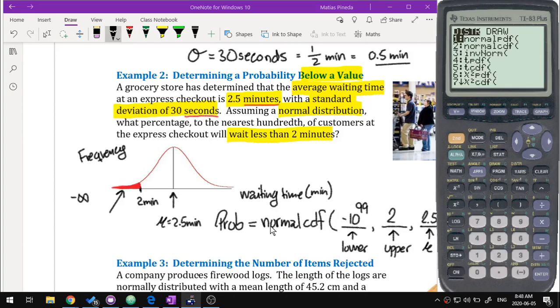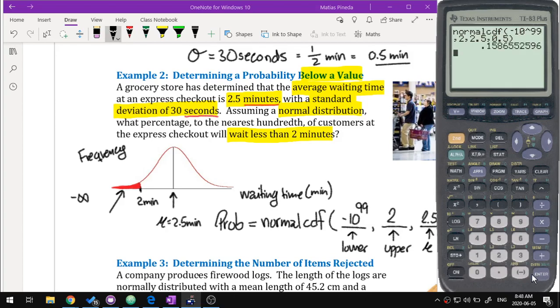And we're going to pick the function called normal CDF, which is option number 2. And then it's waiting for our 4 arguments. The first one was negative 10 to the power of 99. And then we have to put in a comma. The comma on these calculators is right here. And we put in our upper limit, which is 2, comma, then the mean, which is 2.5, and then the standard deviation, which was 0.5.